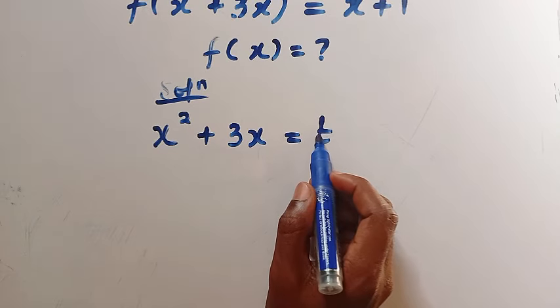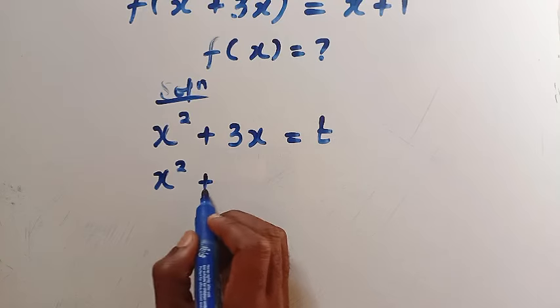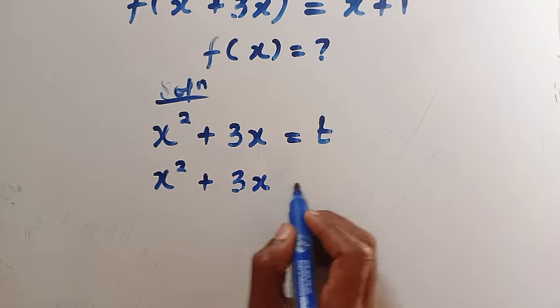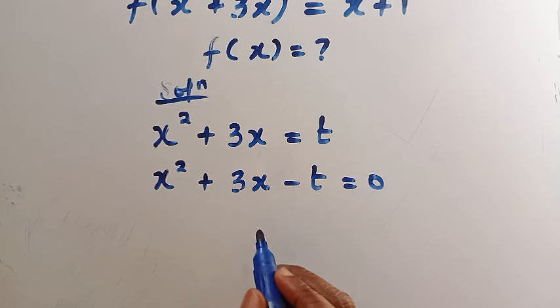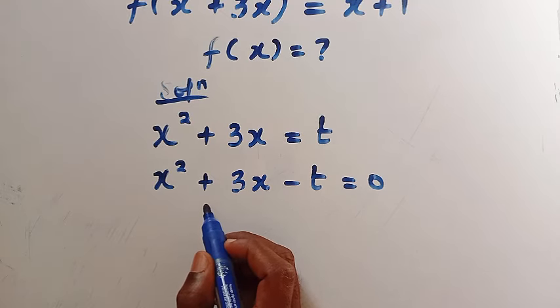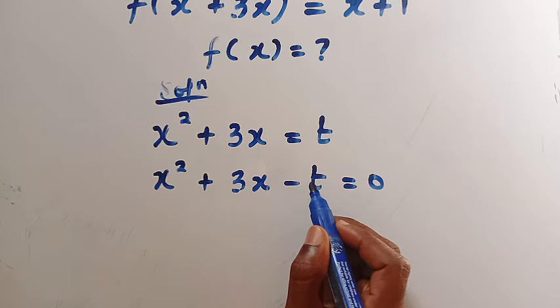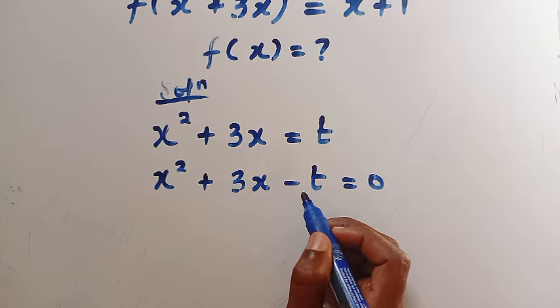So we transfer t to this side as x squared plus 3x minus t equals 0. So here is a quadratic equation, but here the constant is t. It is not necessarily a number, we can have t as a constant as well.